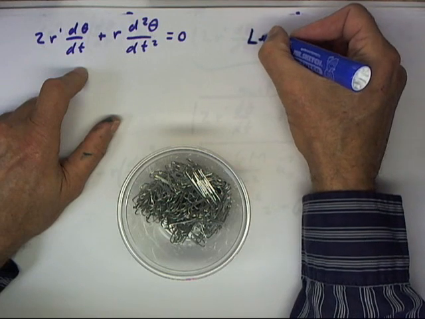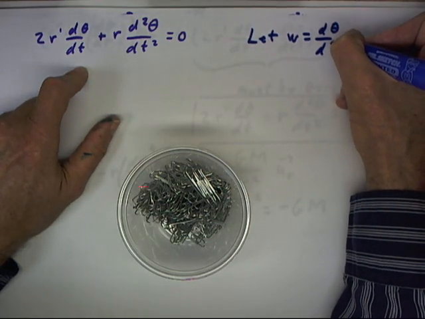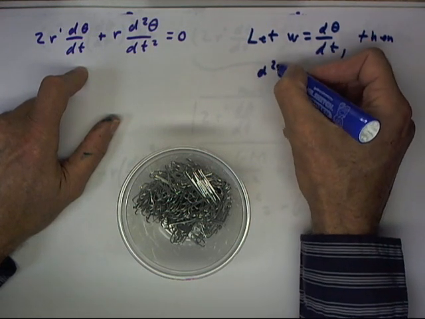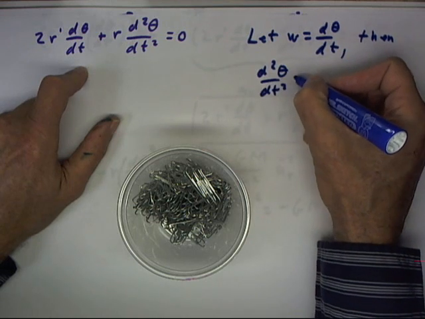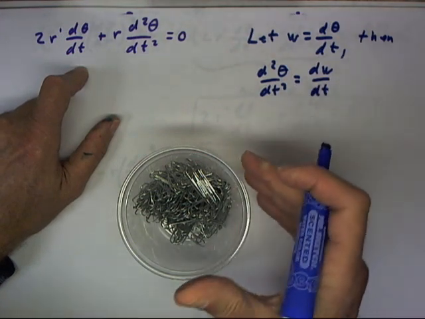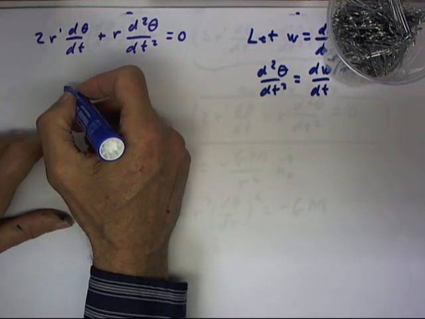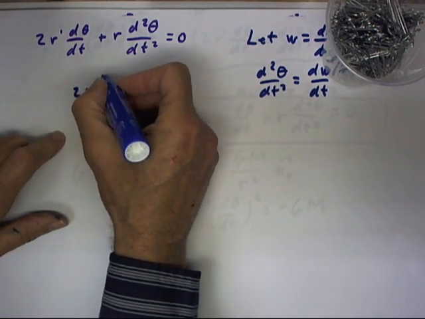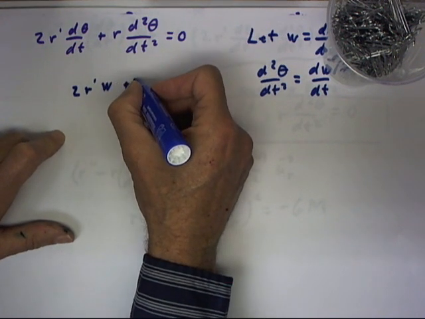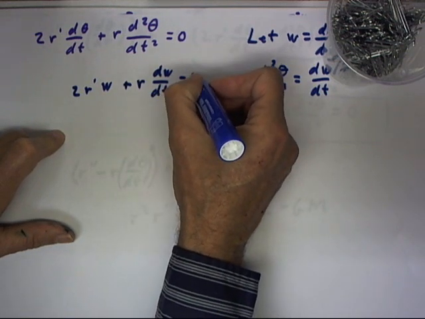So if we let w equal d theta dt, then the second derivative of theta with respect to t is dw dt, and we can rewrite our equation as 2r prime times w plus r times dw dt equals 0.